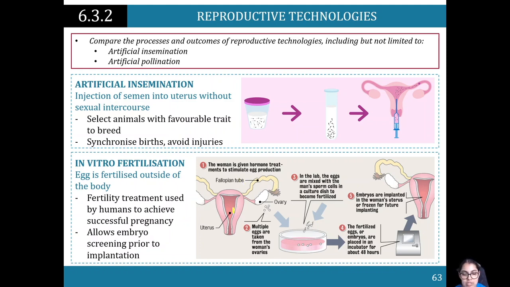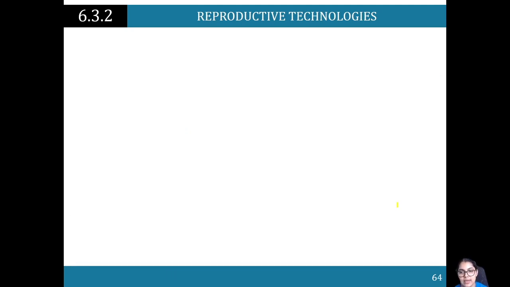Multiple eggs are then taken from the woman's ovaries. In the lab, the eggs are mixed with a man's sperm and cultured to become fertilized. Once fertilized, they're placed in an incubator for 48 hours, and then they're planted in the woman's uterus, or they're frozen for future implanting.